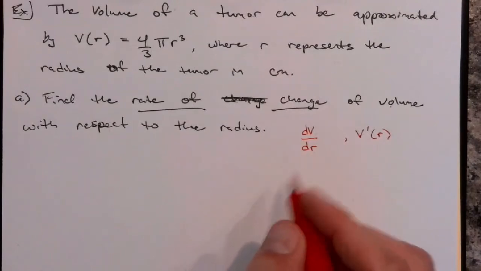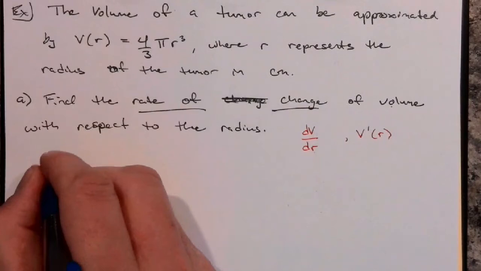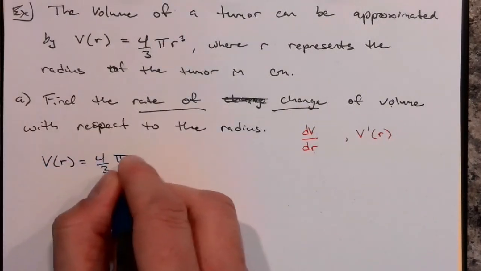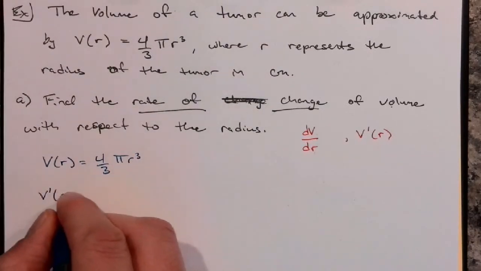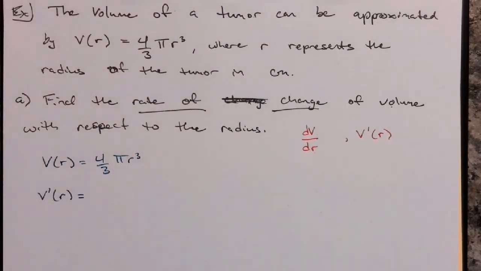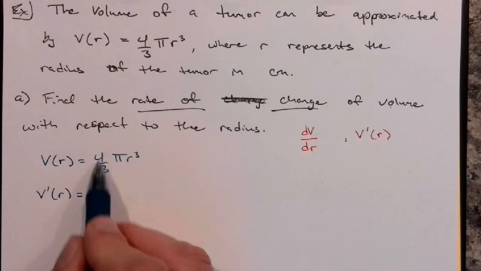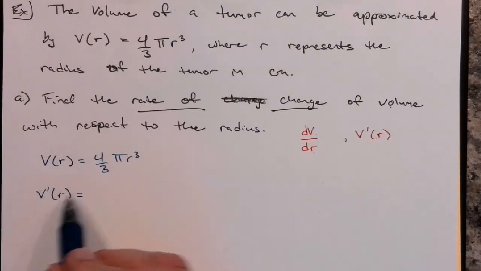Now, to find the derivative, I have to start with the function. So the function I had was V of r equals 4/3 pi r cubed. We're trying to find V prime of r. How do you find the derivative of this? Well, 4/3 is a constant, pi is a constant, and r to the third is a function of the variable r.